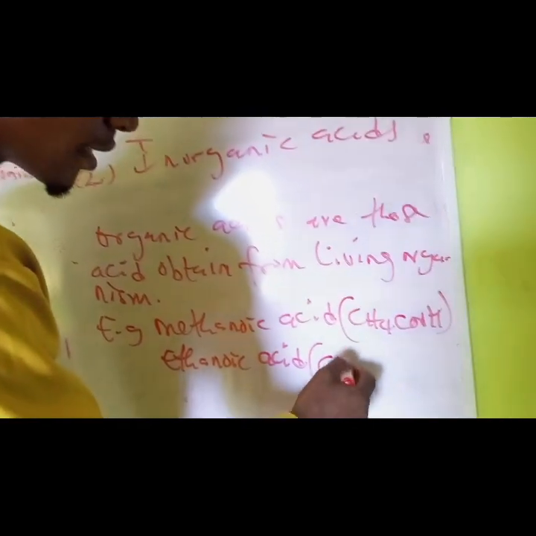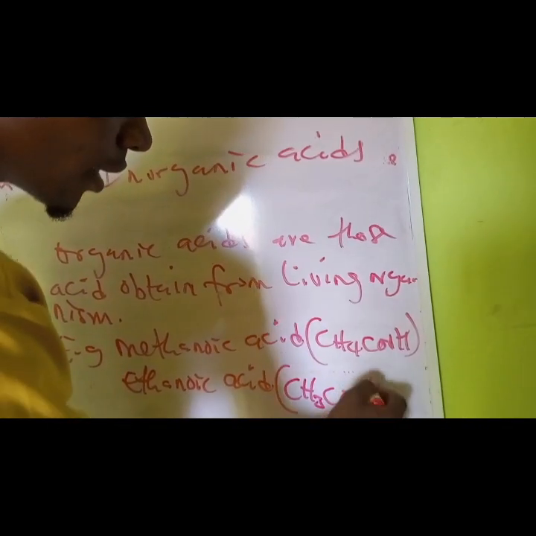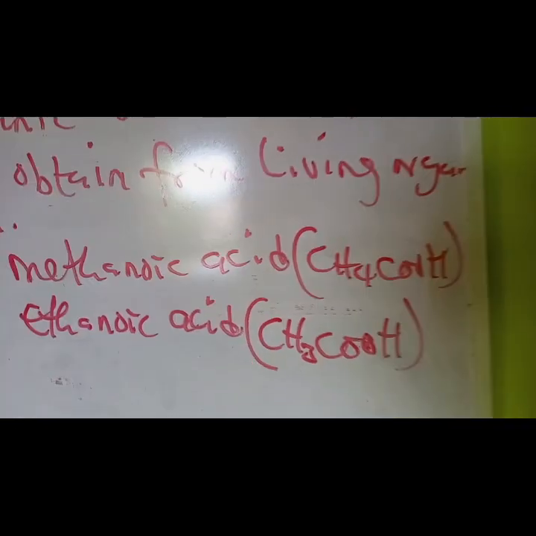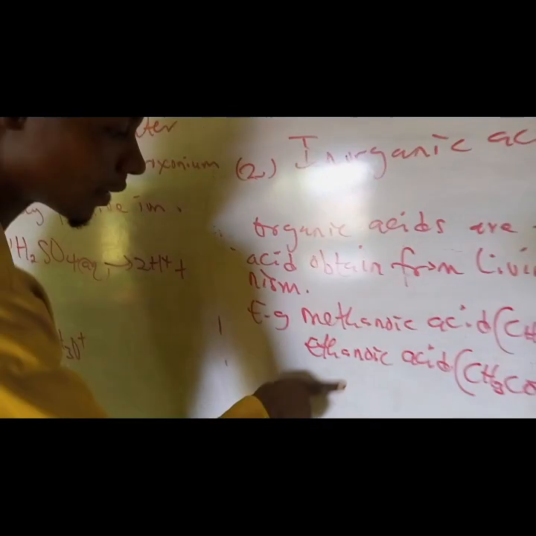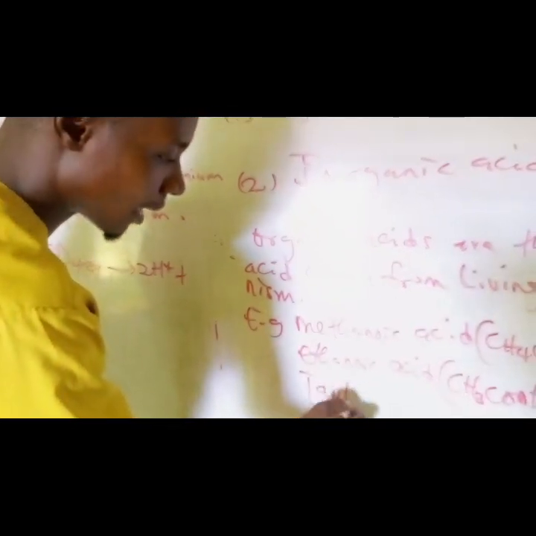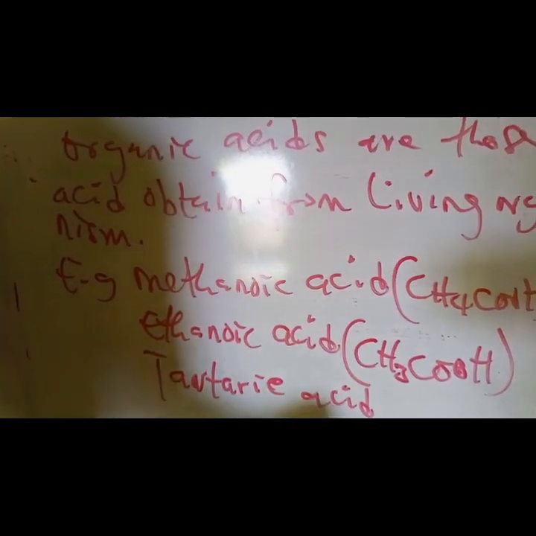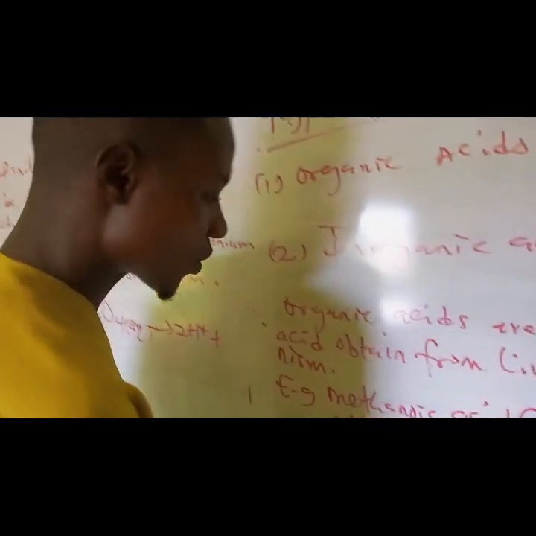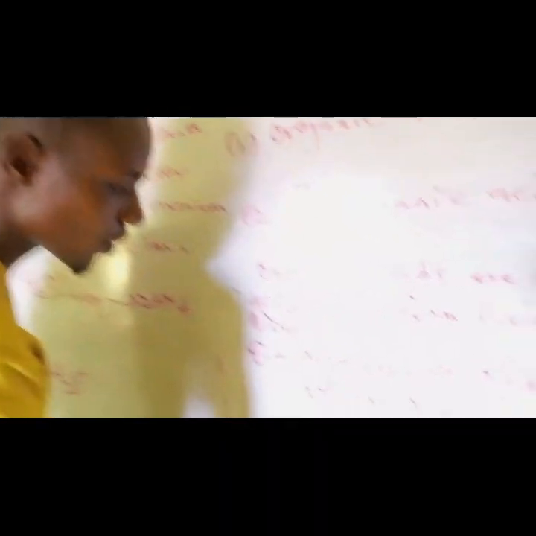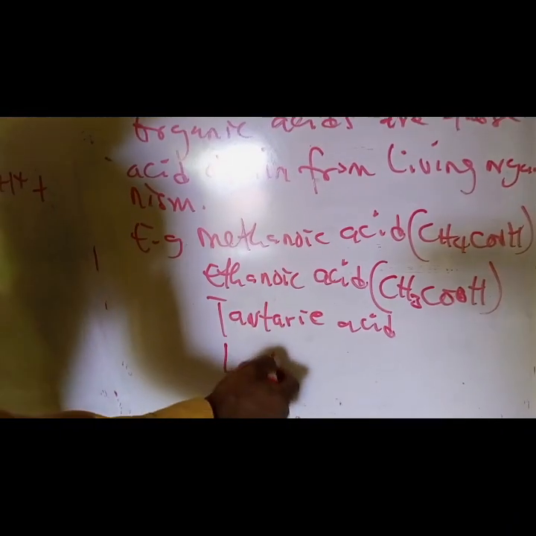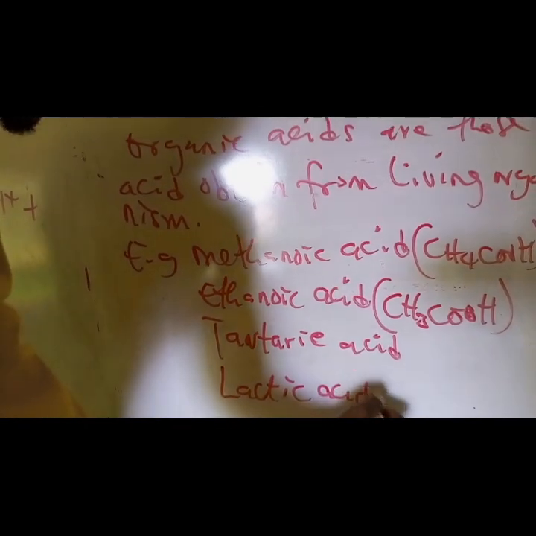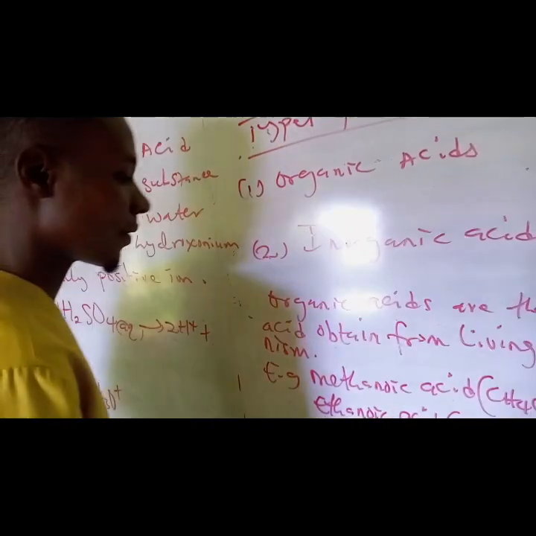So we have CH3COOH as your ethanoic acid. We also have tartaric acid, which is also an example of organic acid. We also have lactic acid. This is also an acid gotten from living things.